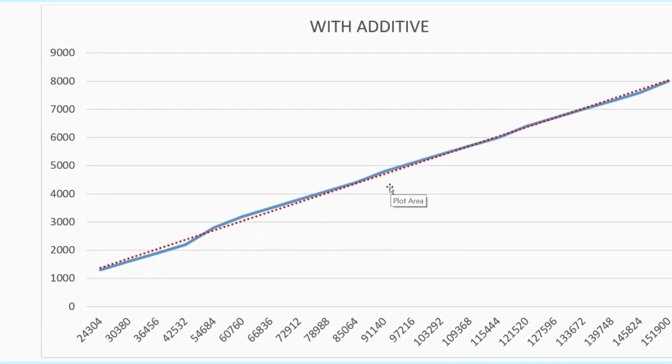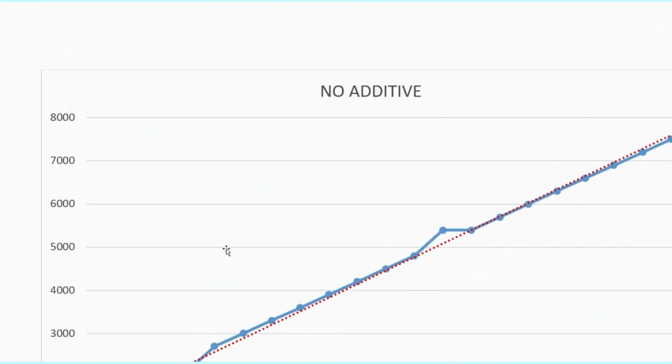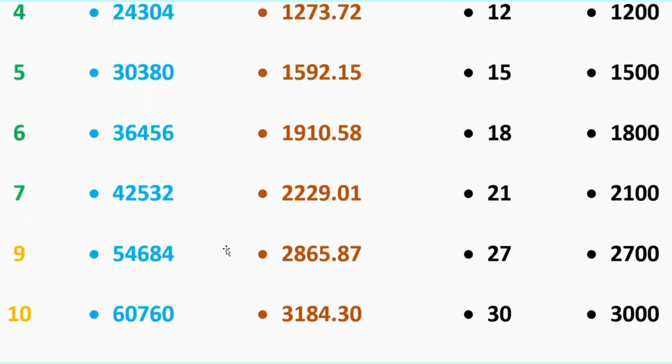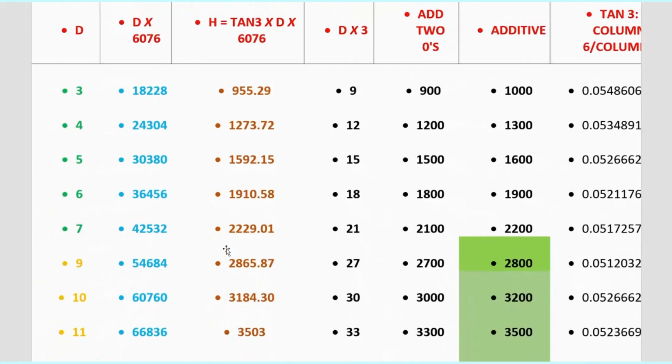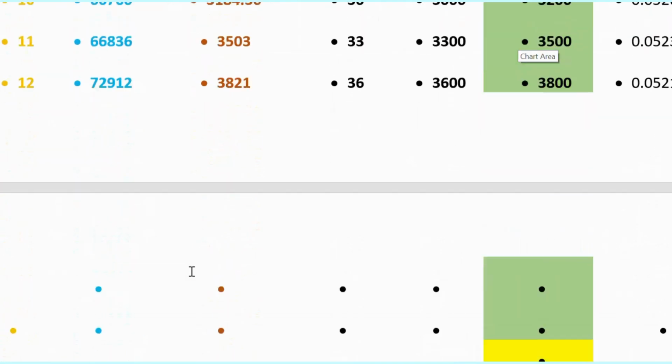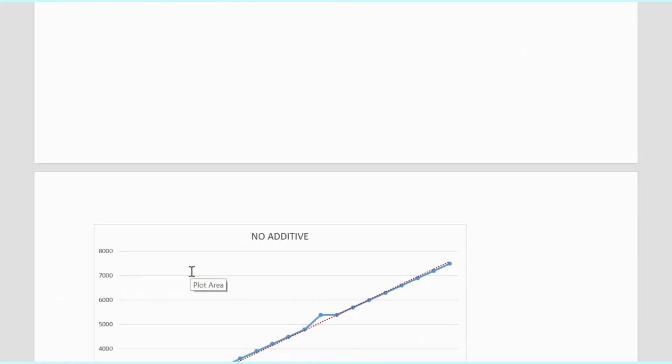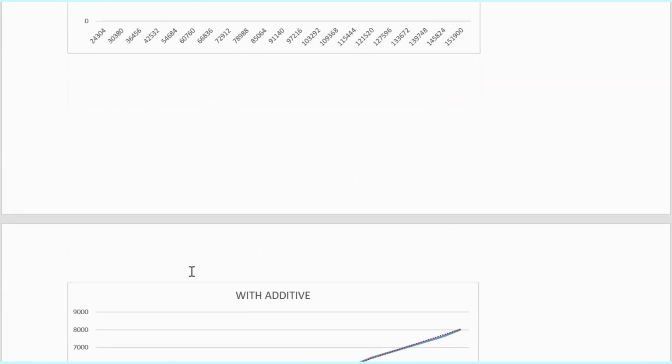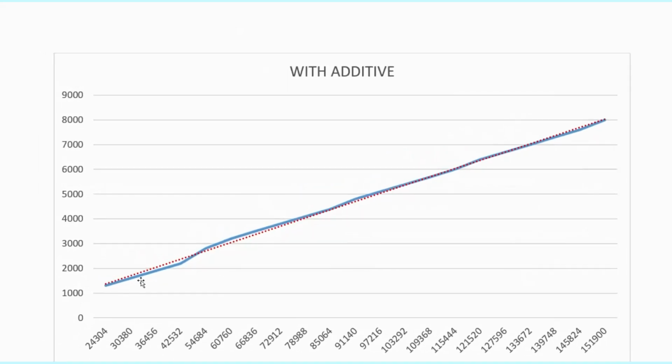This time I have computed on the y-axis the vertical height with the additive, which is this column here, not that one there which was on the first one, with the distances. And then what you have seen is that the graph was very much linear, following a linear pattern. The trend line, which is in red here, and the actual line of the graph are pretty much close to each other. At some points they're also overlapping each other.